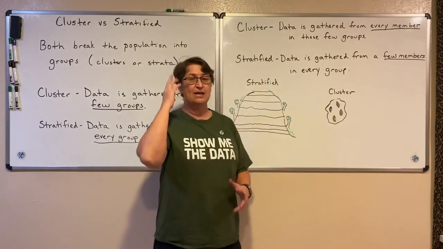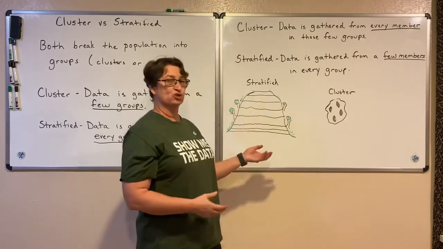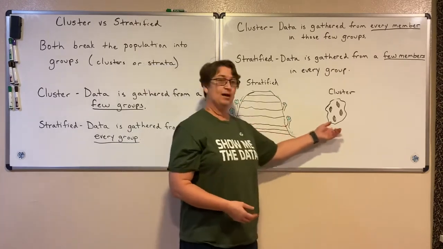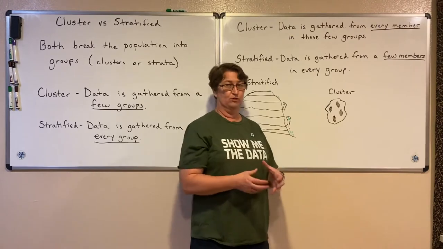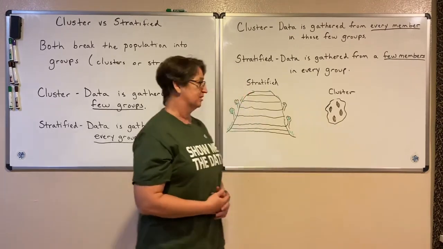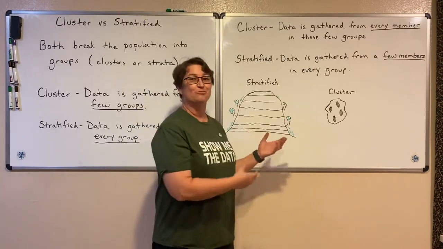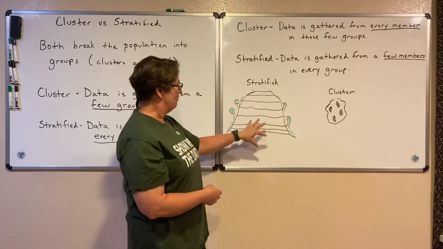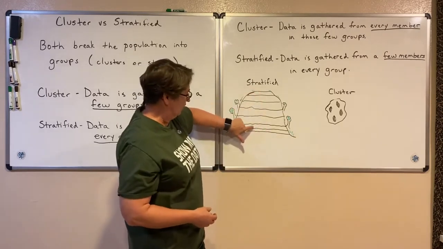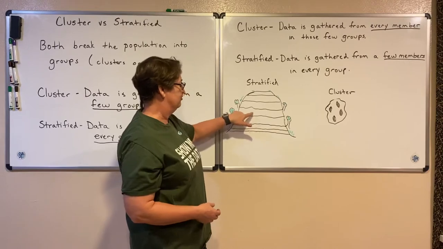To help me in my head keep it straight, which is which, I kind of picture a mountain and a peanut cluster, a chocolate that has pecans actually, a pecan cluster in it. I know my artwork's not great, but play along with me. So here we have a mountain, and in it there are different layers of dirt or strata of dirt.